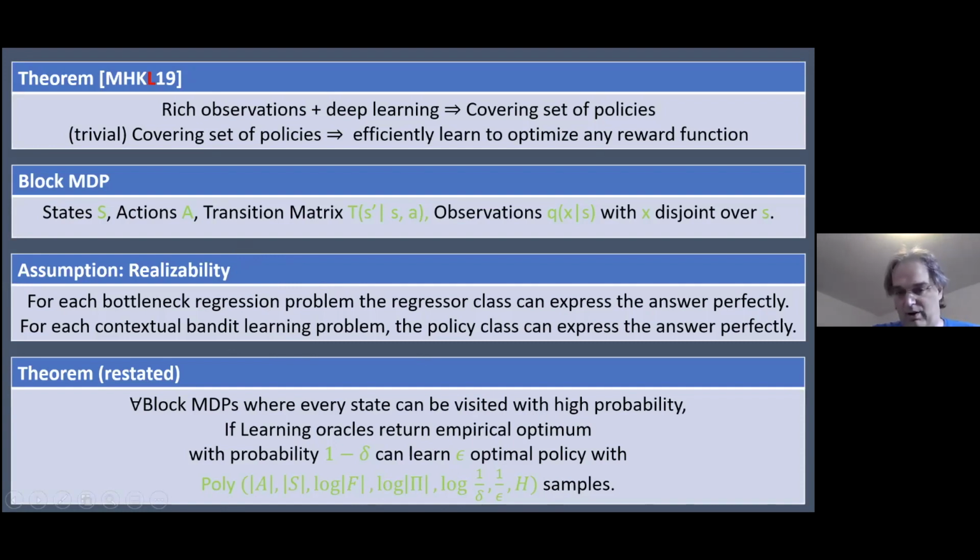So you're going to have a polynomial dependence on the number of actions and the number of latent states. You'll have a dependence on maybe the log of the number of functions in your regressor class, or the log of the number of policies in your contextual bandit class. And then you'll have a polynomial dependence on the time horizon and exactly how good your final policy is, and on the log of the probability that things fail.